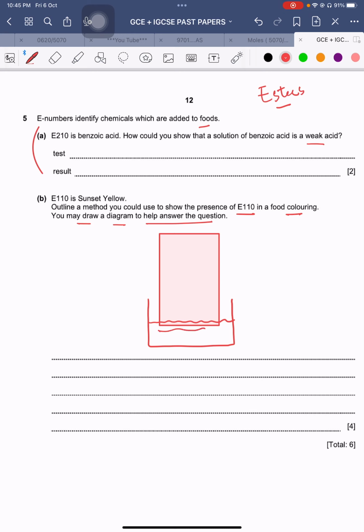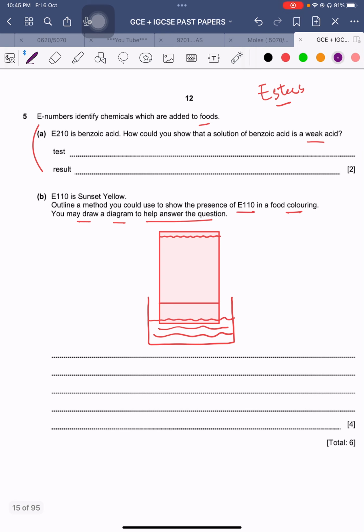Okay, so this is the depth of solvent, and this is the start line. Whereas this at the top is the solvent front. So here I am mentioning it is solvent front, and this is called the start line.